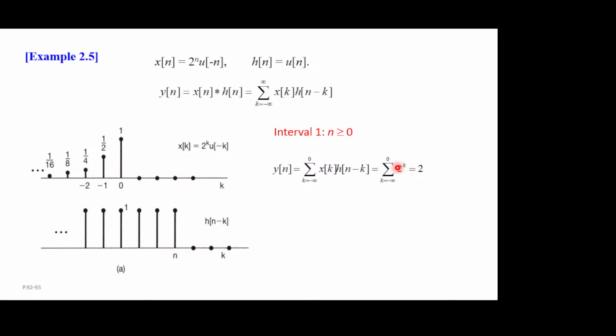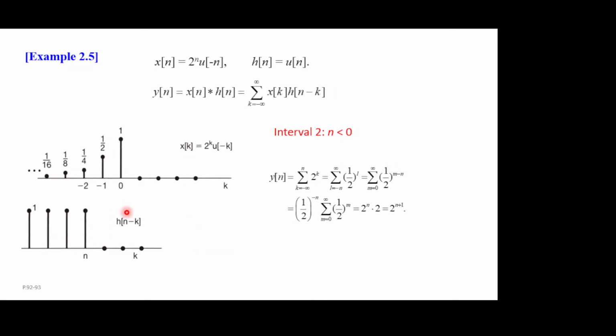Okay, and then the harder one. When your n is negative, when you multiply your h of n minus k with your x of k, some of your x of k gets cut off. So here, like the 0 and the minus 1 get cut off.